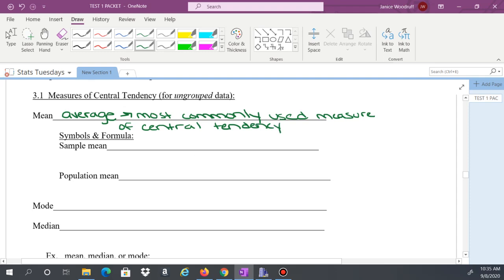Okay, the formula for the mean, you have two different formulas here.